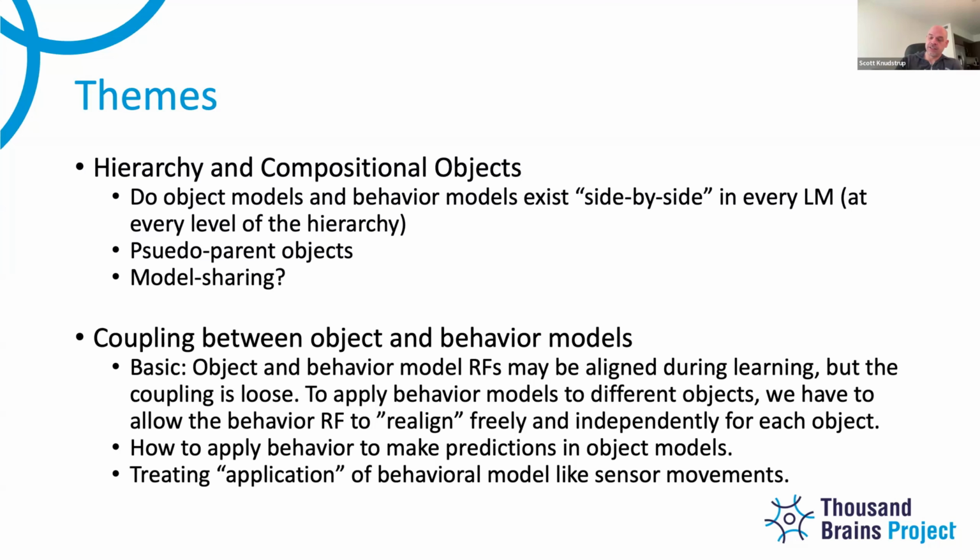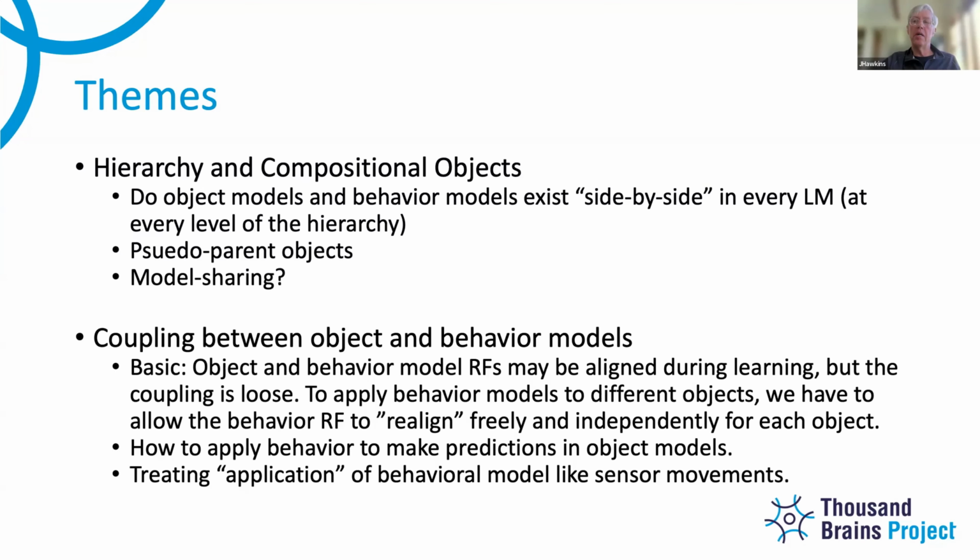I'm not sure you ended up where I thought. Every column can have behavioral models. It's just that the behavioral model we ended up with didn't act on objects in its same module. It acted on child objects.